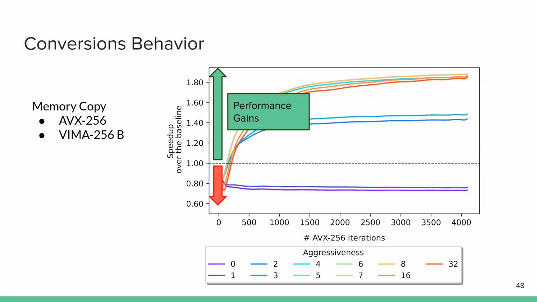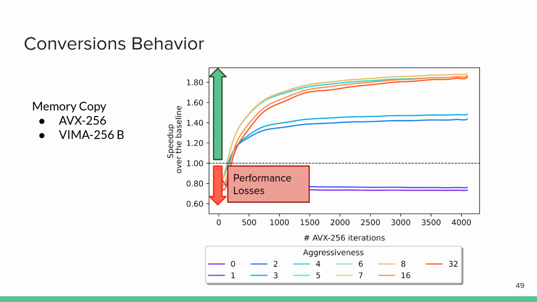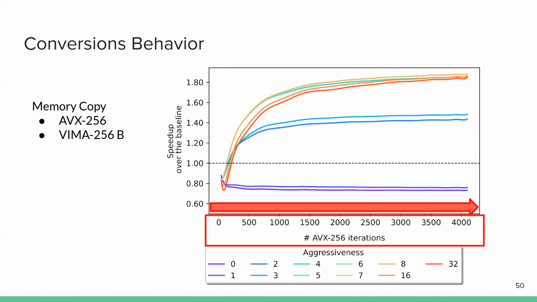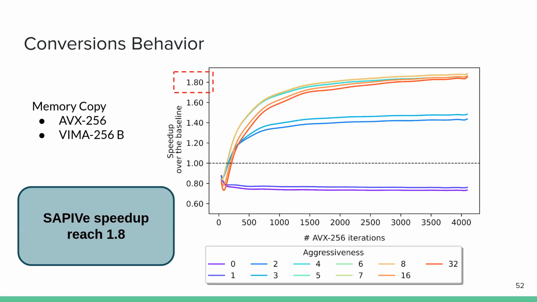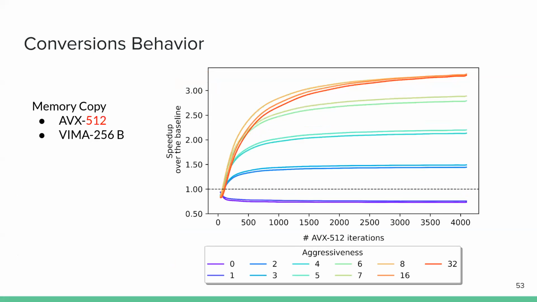Results over 1 represent performance gains, while those below 1 represent performance losses. Horizontally, we have loops with a different number of iterations that grows to the right. And each color represents a different aggressivity used by Sapive. So, in this experiment, we could reach a speedup of 1.8.